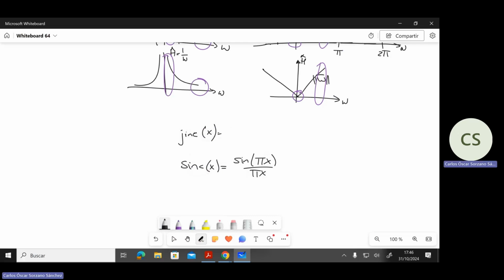This is something similar, but you have the Bessel function. It is like this. This Bessel function comes from the fact that the things are radially symmetric. So in one dimension it is a sinc, but if it is radially symmetric in two dimensions, it is this Bessel function.